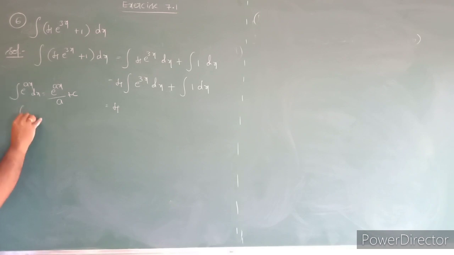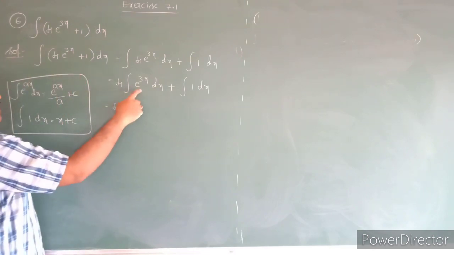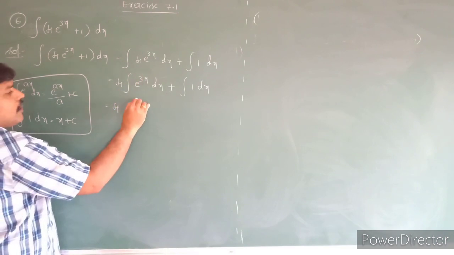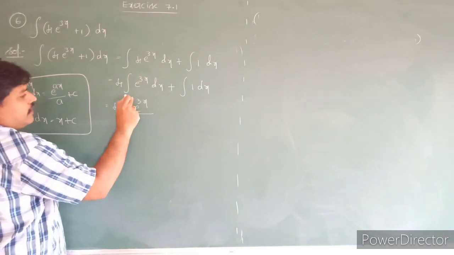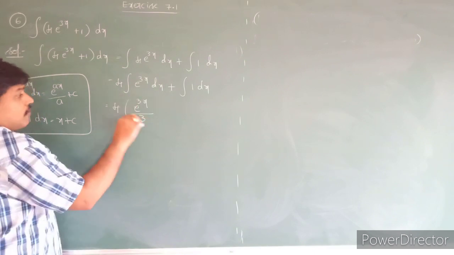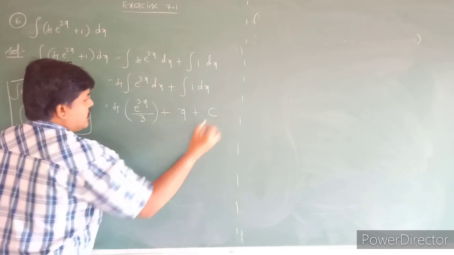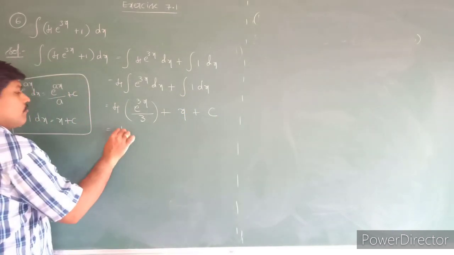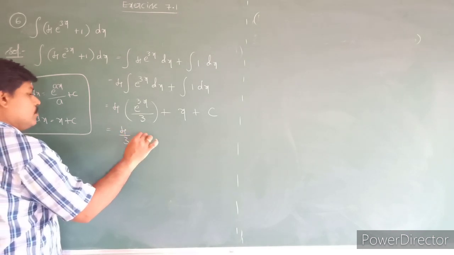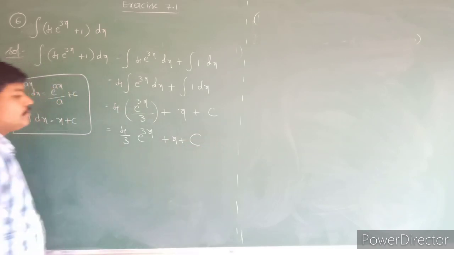And integral of 1 into dx is x plus c. You already know these two formulas, and here we are going to use them. So e power 3x by 3 plus integral of 1 is x plus c. So that is equal to 4 by 3 into e power 3x plus x plus c.